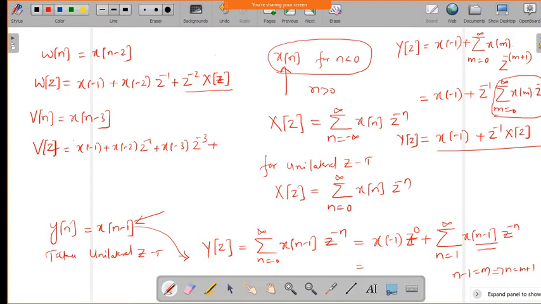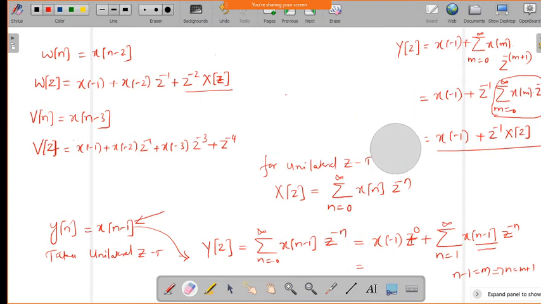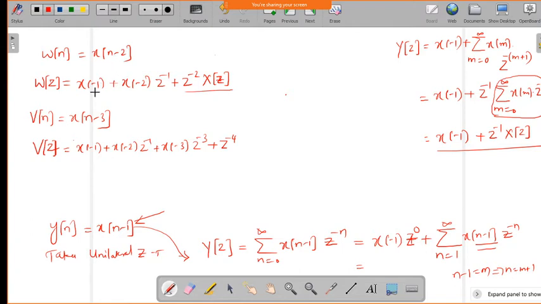Sorry, here it is x of minus 2 it will come, because if you put the value of n equal to 0, we will get x of minus 2 here.